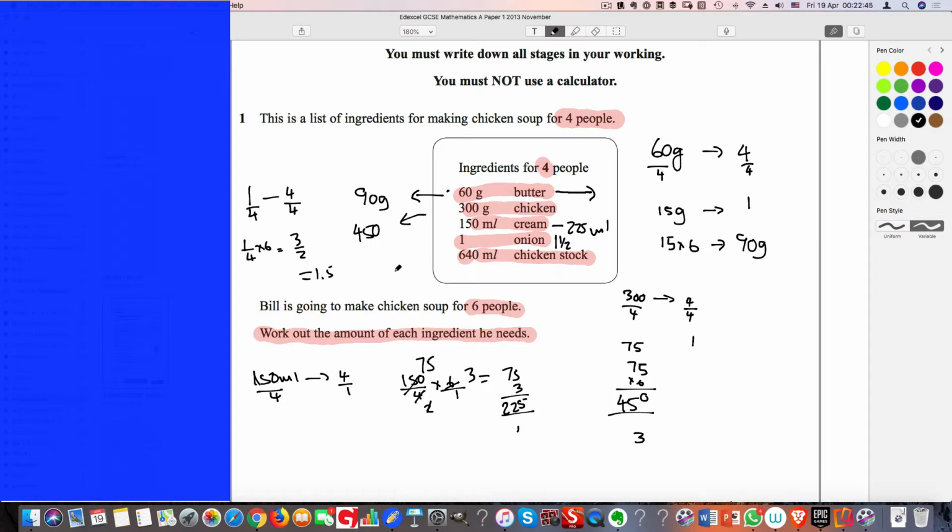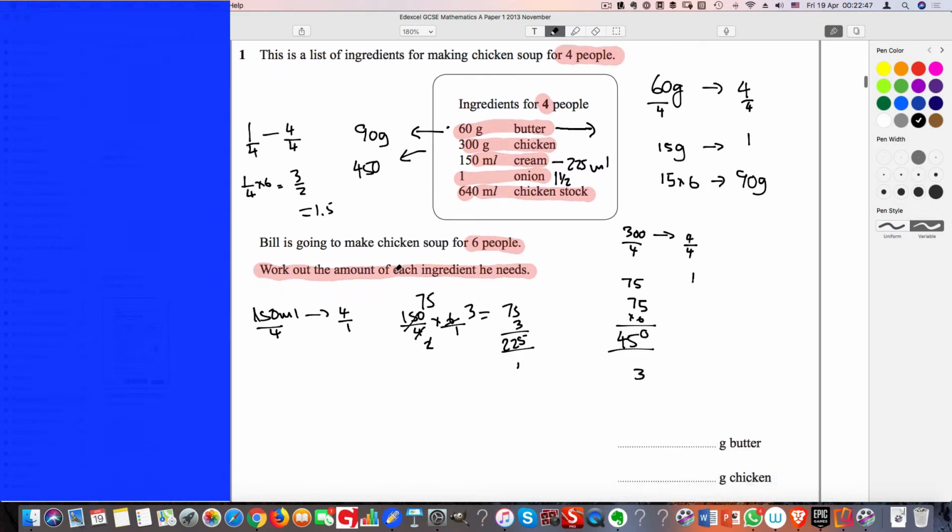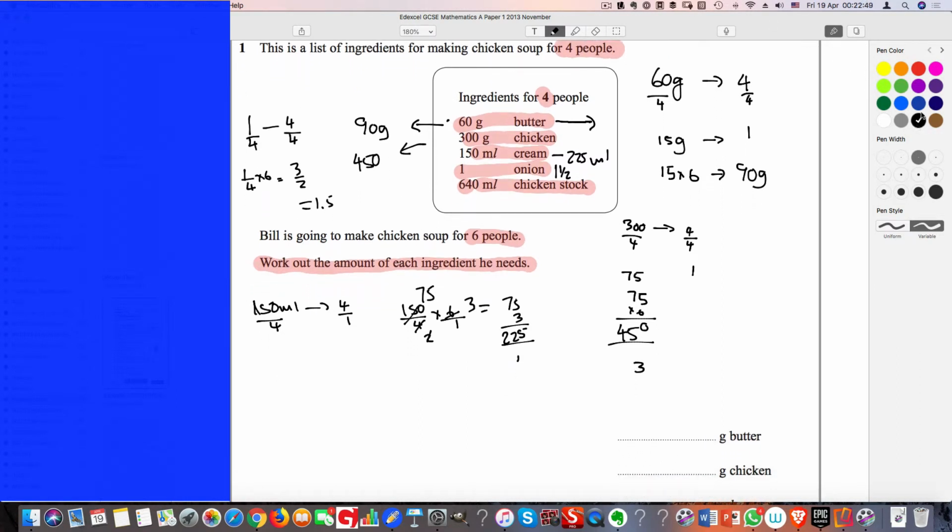Then 640. The 640, might as well change color a little bit. The 640 is for 4 people. So 1 person is going to be 640 divided by 4. If you half this, you get 320. If you half it again, you get 160. So 1 person will be 160.